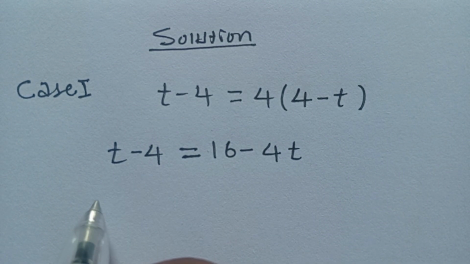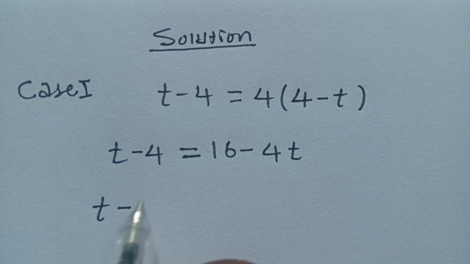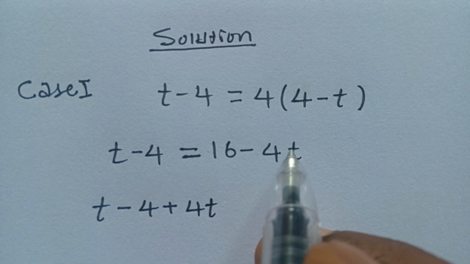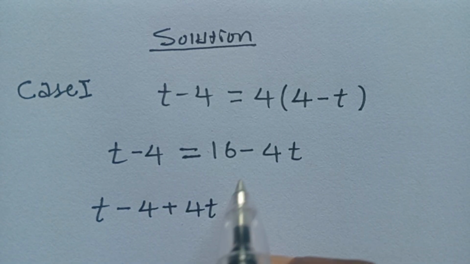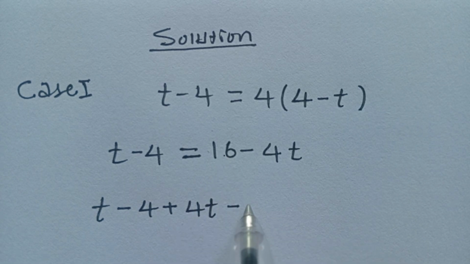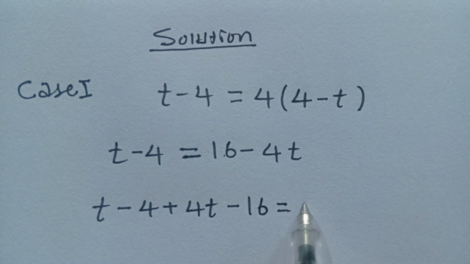Then substitute: t minus 4 plus 4t, this shifted to the left, and minus 16 equals 0.